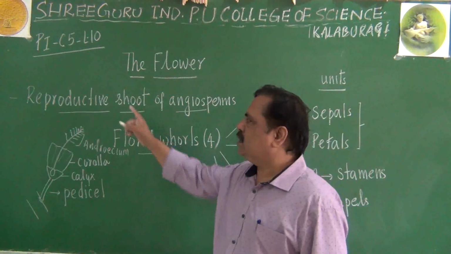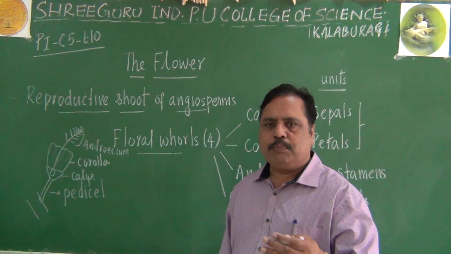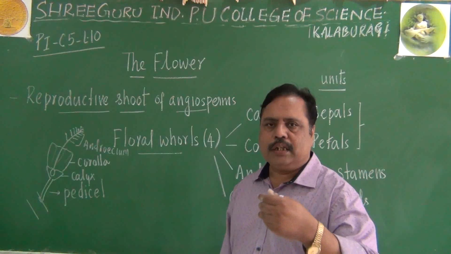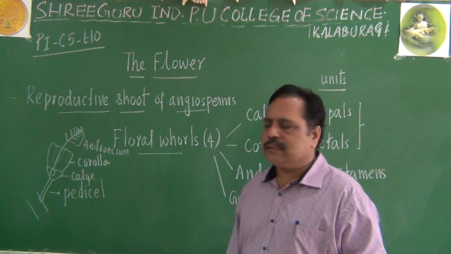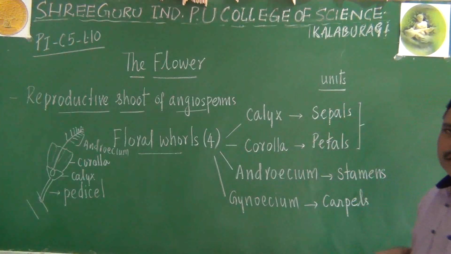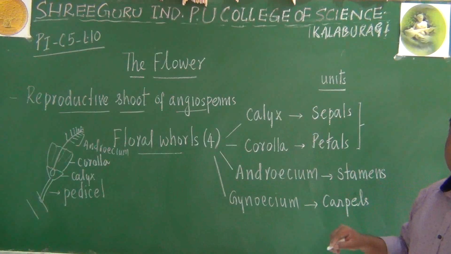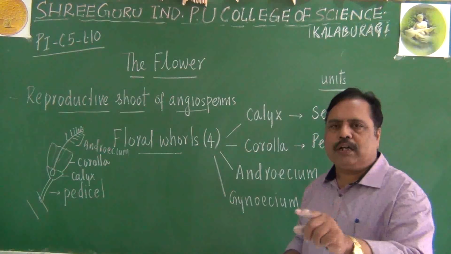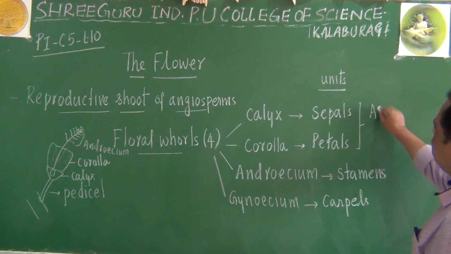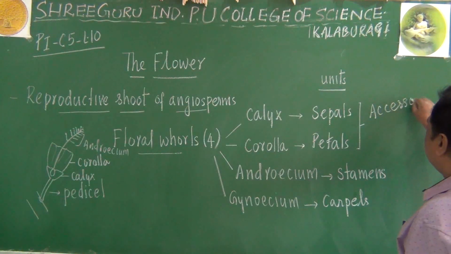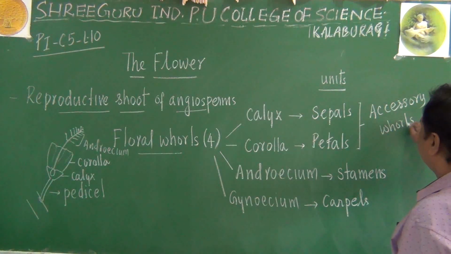Even though the flower is the reproductive shoot, not all four floral parts are utilized directly for reproduction. That means they are helping organs. They do not directly involve in reproduction, but they help it.